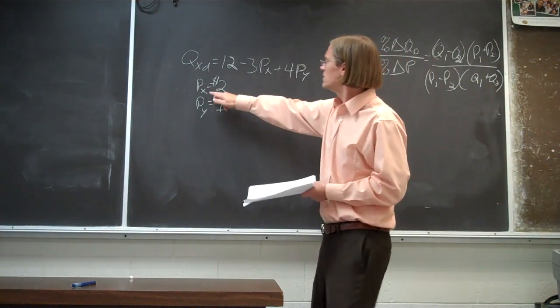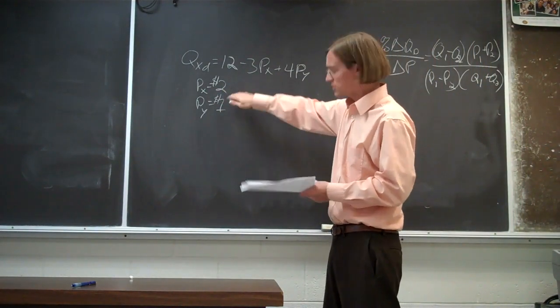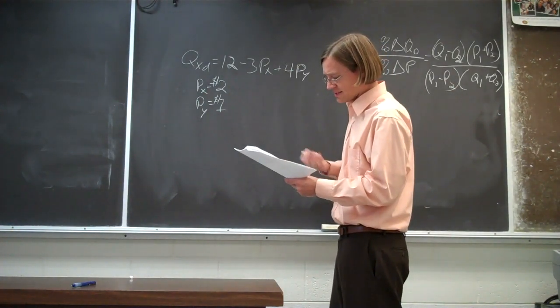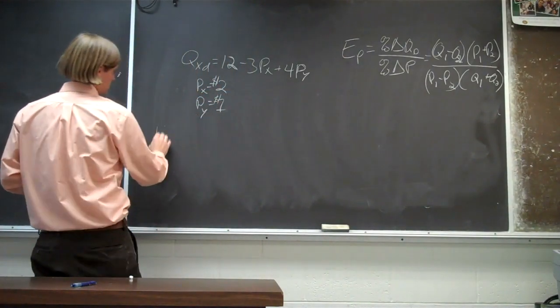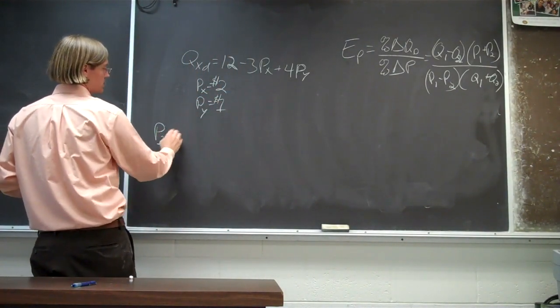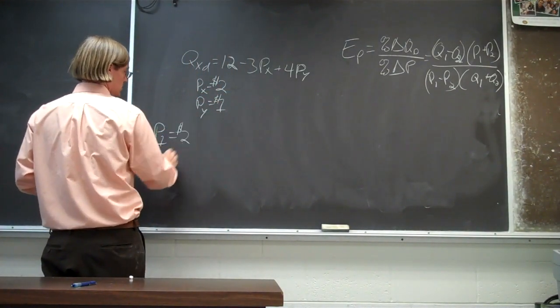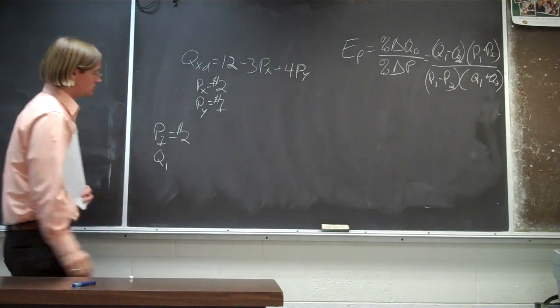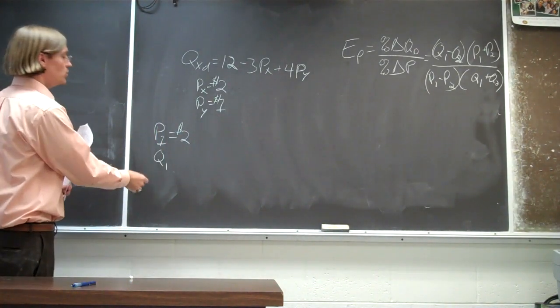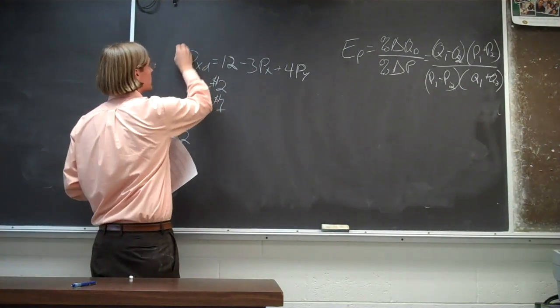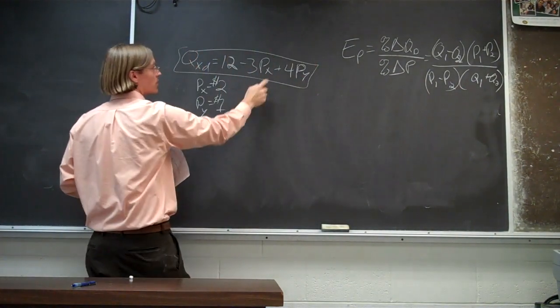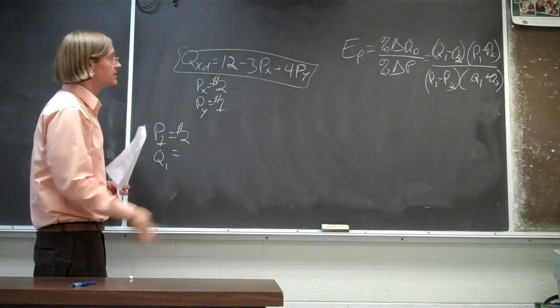Well, we're given P1. This is where we're starting. The question says, suppose good X sells at $2. So that's a pretty good place to start. P1 is going to be $2. So what's Q1? To get Q1, we plug our $2 into this demand equation and solve.